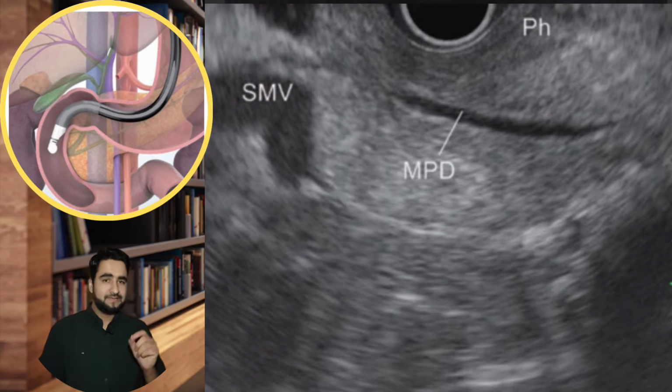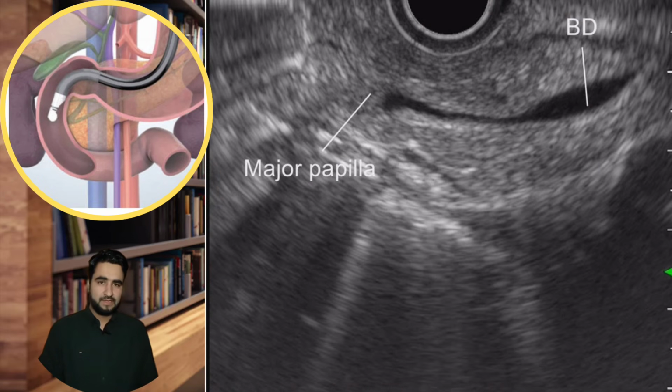After examining main pancreatic duct and the surrounding area of pancreas, now you will try to examine bile duct. For visualizing bile duct, you need to turn your scope gently anticlockwise because bile duct is posteriorly located in relation to pancreatic duct.